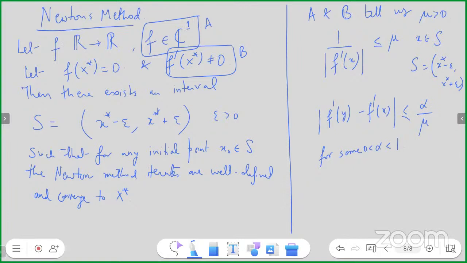So tell me, if f prime is continuous, what do you get? f prime of x star is non-zero, and f prime is continuous. So you're looking at this interval, x star is here, this is x star minus an epsilon and x star plus an epsilon. This is my S. What does differentiability give you?